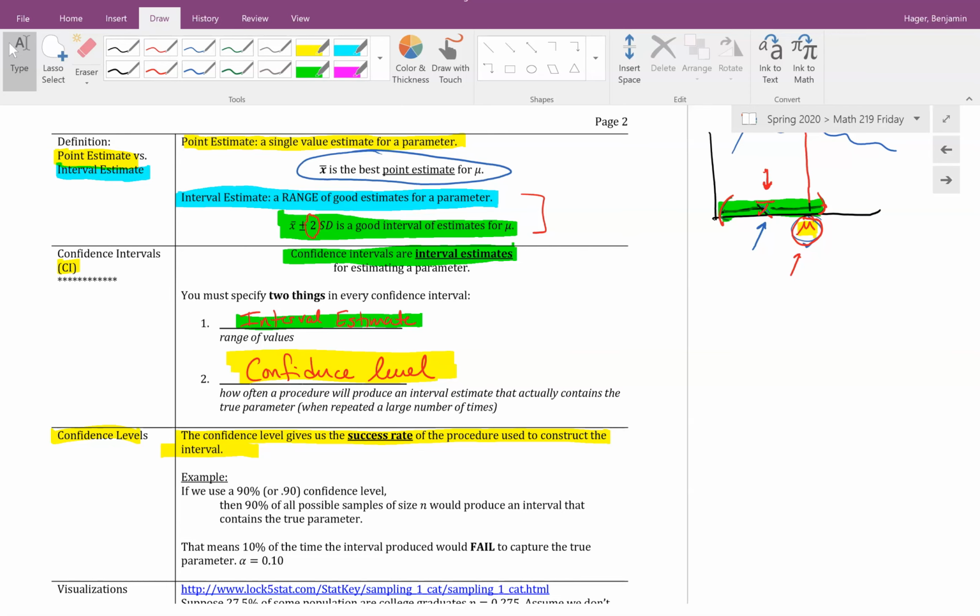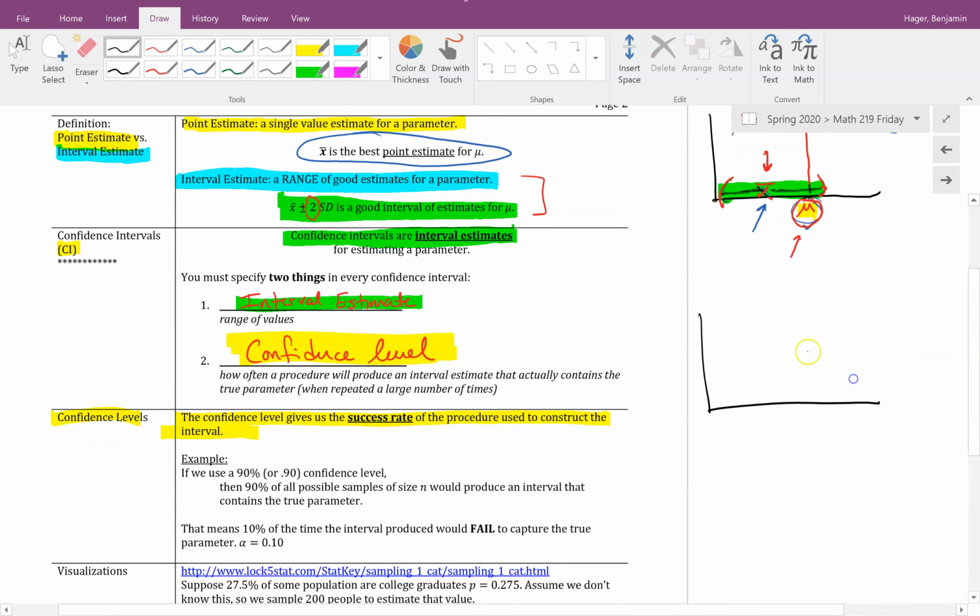The way to think about it is, okay, I've got some funky population, and there is a true mean. That's what I'm trying to find. And if I create a confidence interval, sometimes I'm going to get it and sometimes I'm not. Sometimes my sample mean is close enough that when I construct my window around it, boom, I captured it, right?